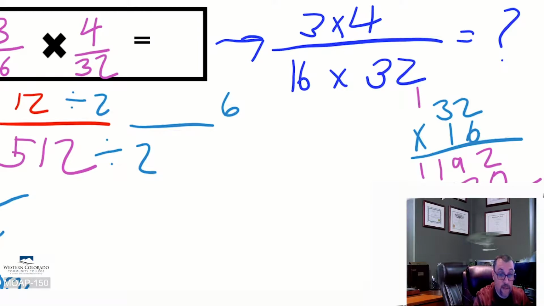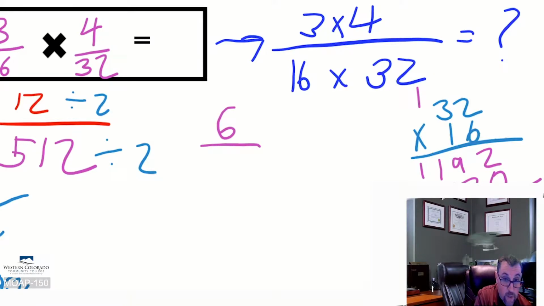Does 2 go into 12? Yes, 6 times. Okay, so with that in mind, what we can do is rewrite our fraction here. We had 12 divided by 2 was 6, and 512 divided by 2 was 256.